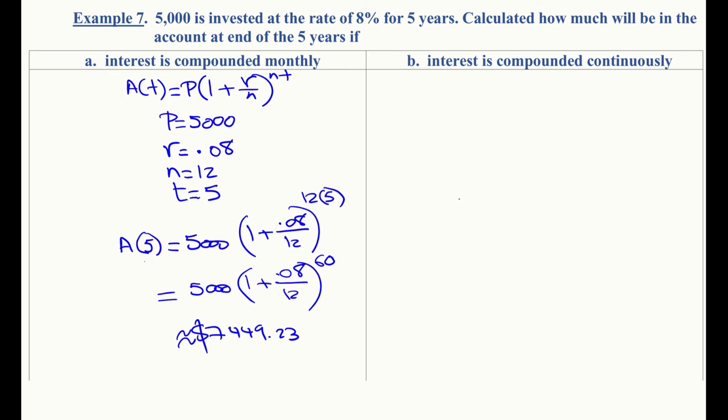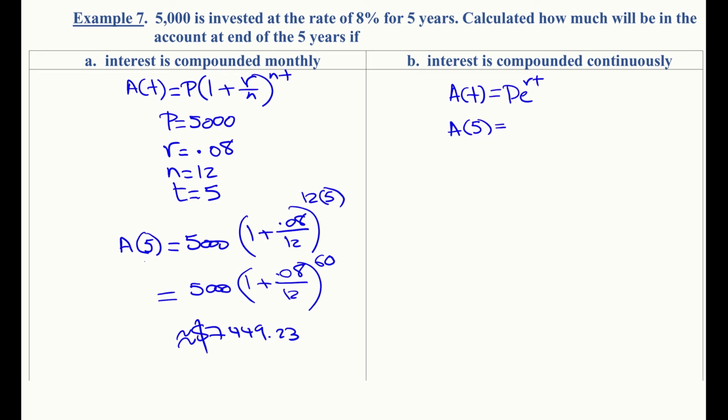All right. Now let's see what happens if we compound interest continuously. As you know, for that one, we use the PERT formula. So A of t equals P E, of course, remember it's to the power of RT. So here we're going to have A of 5 because it's also for 5 years.